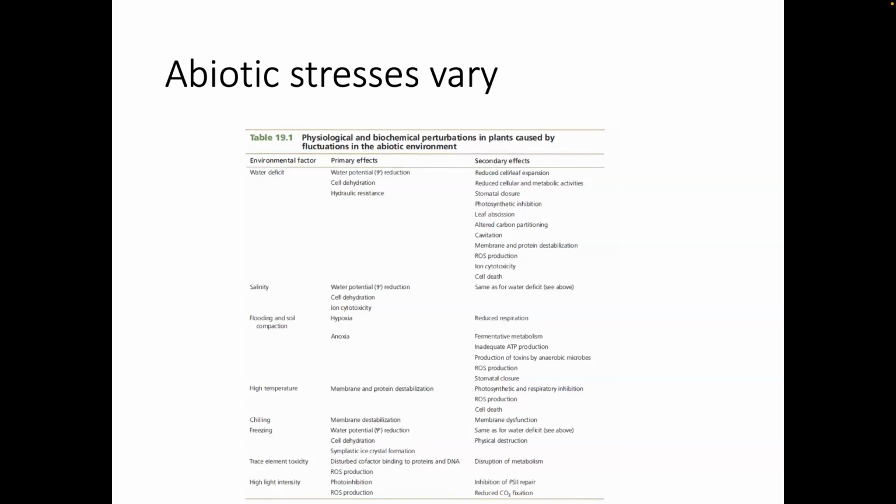And temperature, why is it bad for the plant? Any idea? High temperature. Yes, proteins have an optimum temperature range to work, and in high temperature they can be damaged. Another thing is membrane.